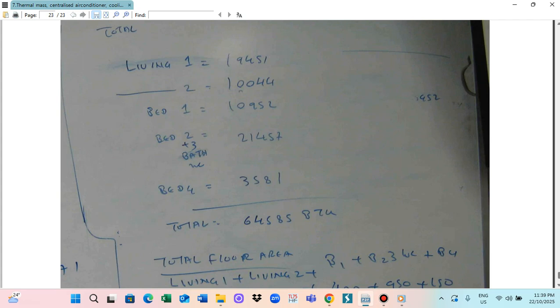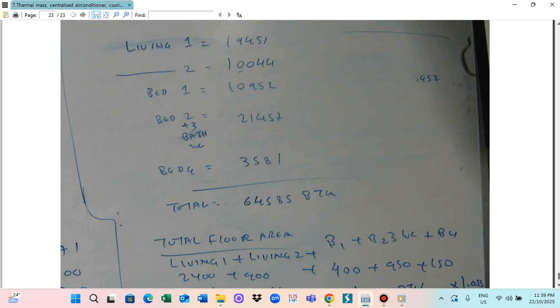Living room 1 is 19451. Living room 2, we calculated, is 10044.